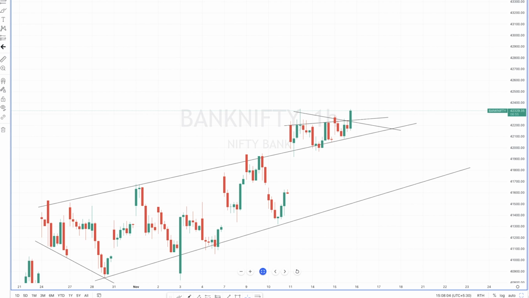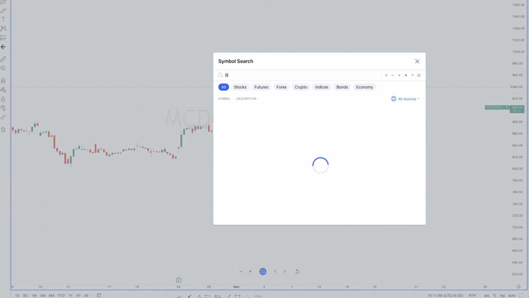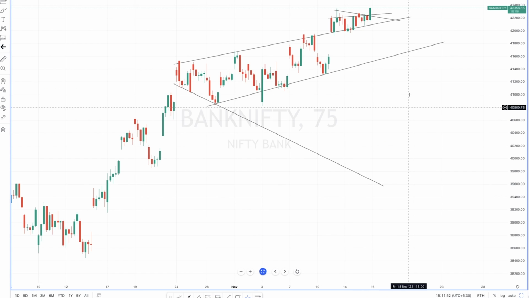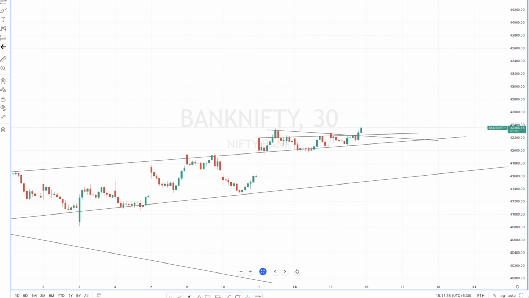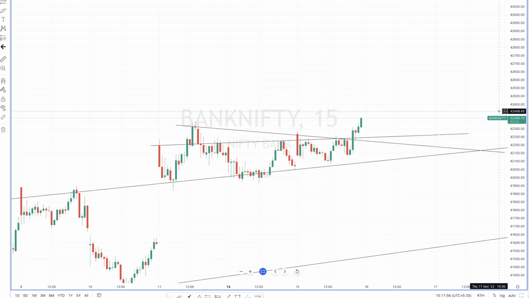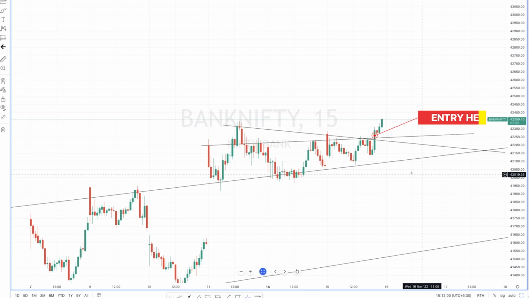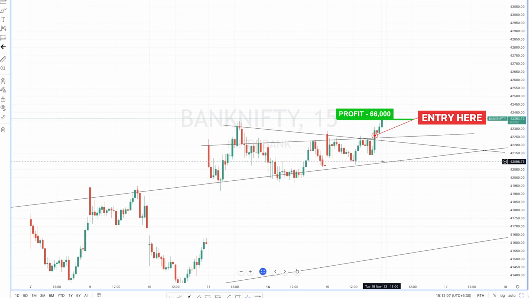I'm getting a lot of messages. Very good momentum, guys. Doing really well. So basically I entered here because of this breakout. Right now I'm at a profit of 66,000, which is really great. 74,000.